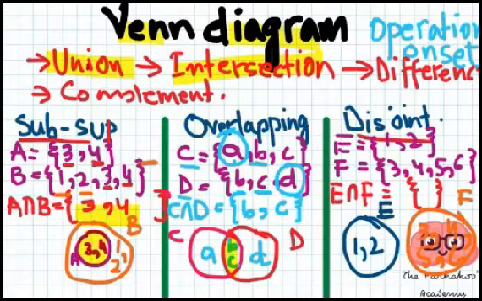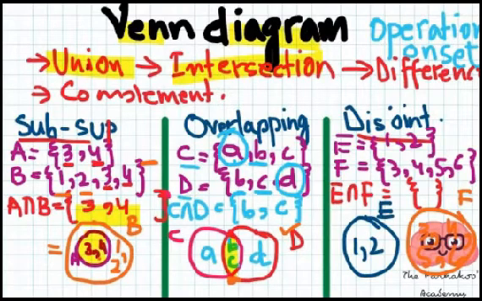And since there is nothing common, we are not going to color anything in it. So this is the intersection of disjoint sets. It graphically shows that there is nothing common in both of them. Here it shows graphically there is only B and C which are common, and here only 3 and 4 common.